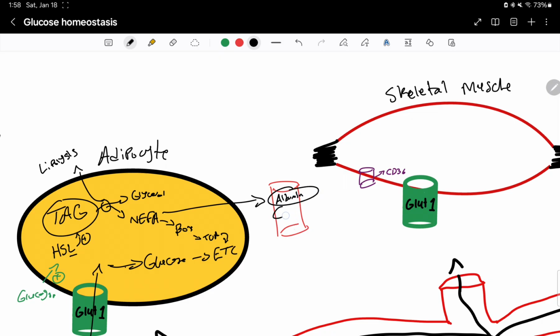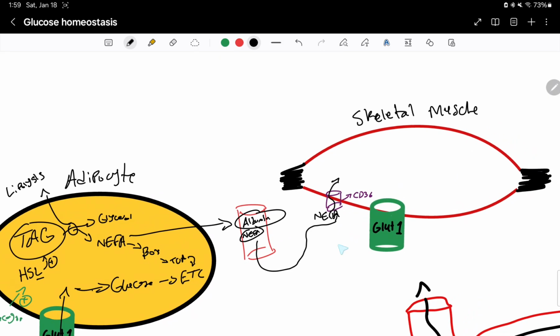So here's albumin, and it's binding this non-esterified fatty acid. Okay, and this albumin is going to carry this fatty acid to organs that actually need energy. So, for example, it will travel to the skeletal muscle, and it'll let go of this fatty acid, and it can actually move into the skeletal muscle that way.